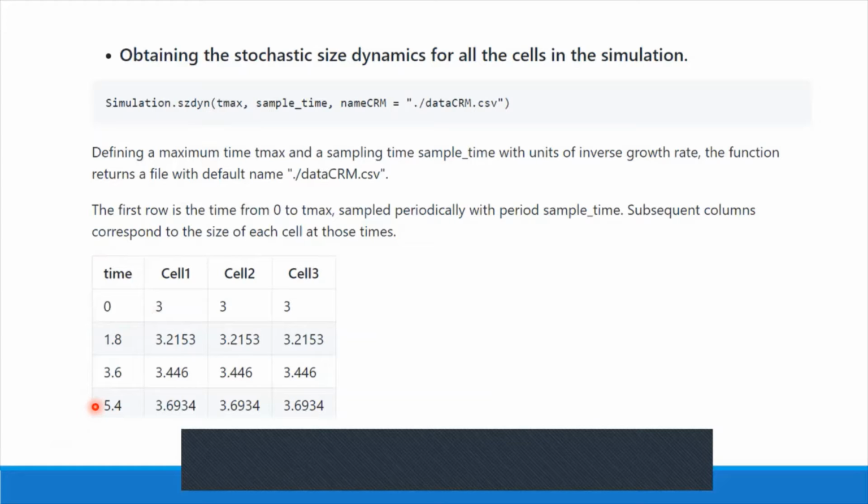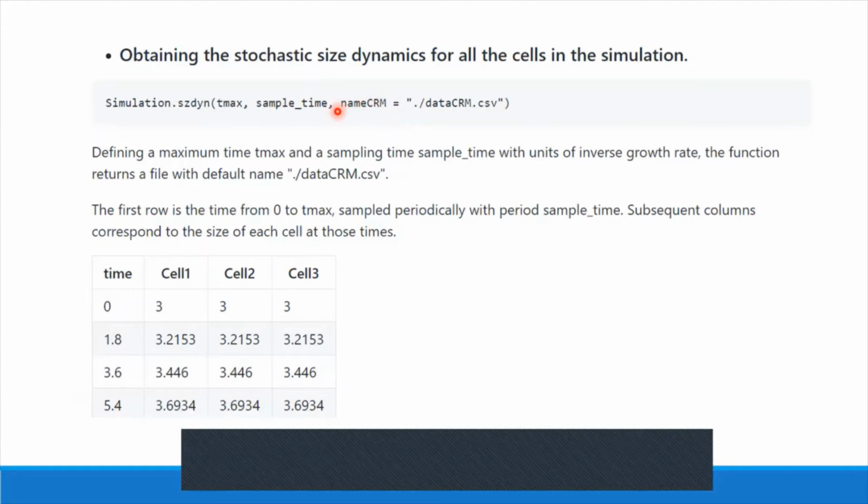minutes, for instance. The sample time tells you how often you take data. In this case, I take data every 1.8 minutes. This sample time takes the data periodically. So you take data every 1.8 minutes.